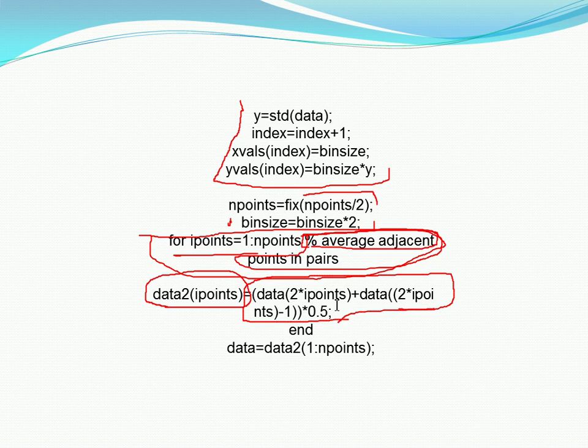Why is he multiplying it by 2? I'm not sure, but that's an index into an array. Where did he get the i points number? Oh, that's this thing here. So that's in the for loop. And so he's made a new array, data 2, and then he copies it.